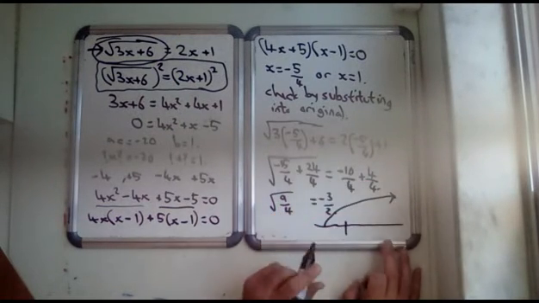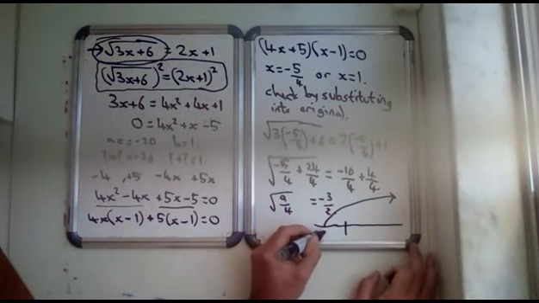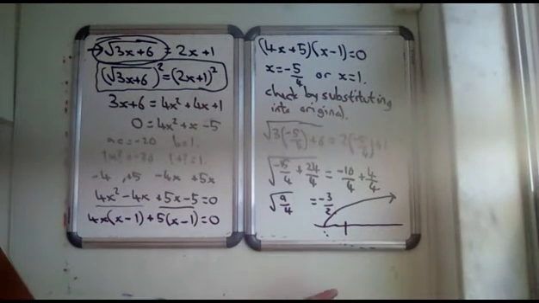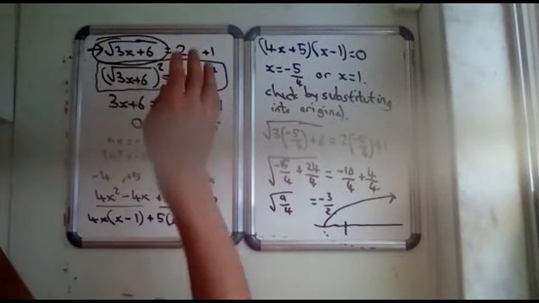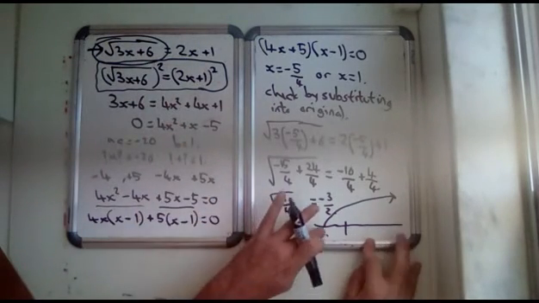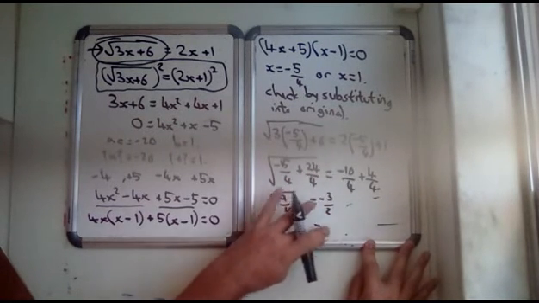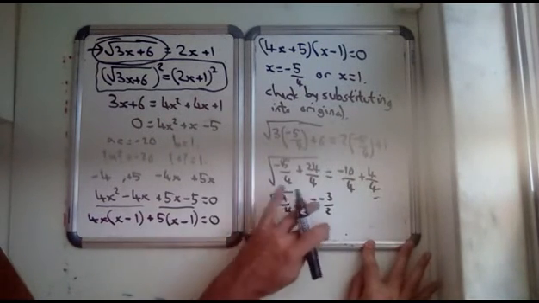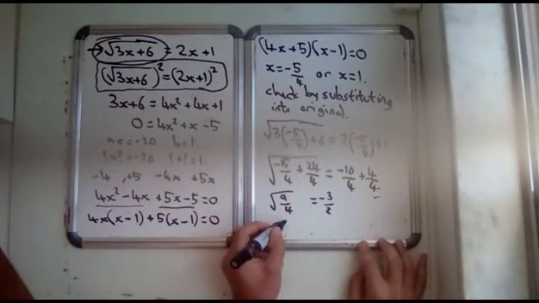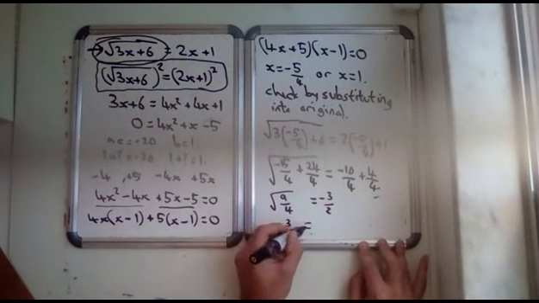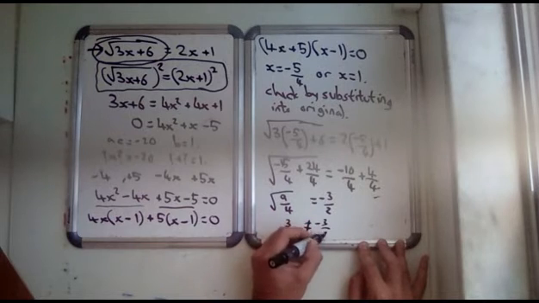So it's only going to have positive values, because if we took the negative values as well, we'd have a problem. So when we're square rooting in an equation like this, we're only considering positive outputs. So 3 over 2 here, I'm only considering the positive value. So 3 over 2 does not equal minus 3 over 2.